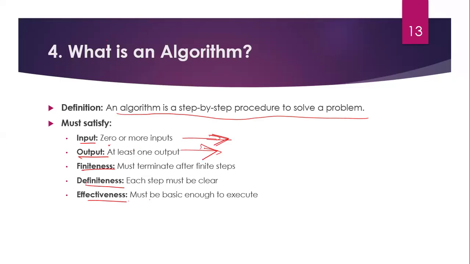In the inputs, there should be zero or more inputs. It means sometimes there may not be any input directly. The other thing is there should be an output. There should be at least one output. Without an output, we cannot make an algorithm.